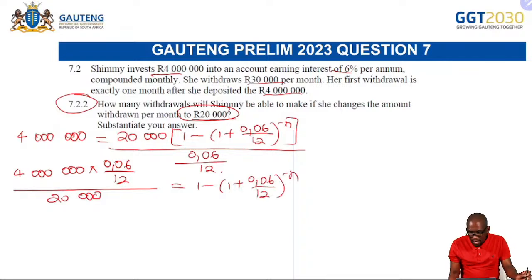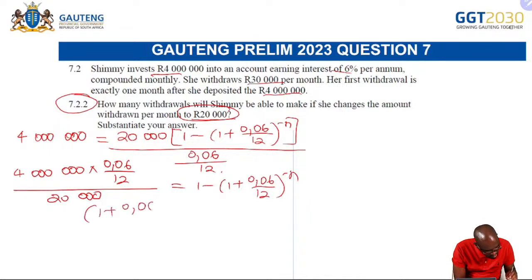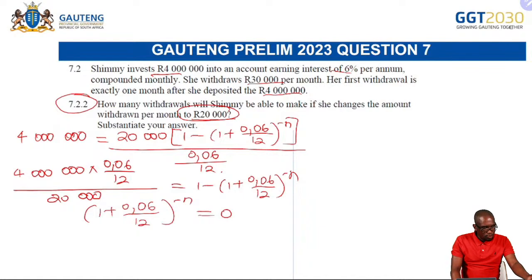If you simplify this, you'll get that 1 plus 0.06 over 12 to the negative n is equals to 0. That's what you are going to get there. When you simplify on the right hand side and the left hand side, and then you transpose the 1, you're going to get that this is equals to 0, because this is equals to 1.